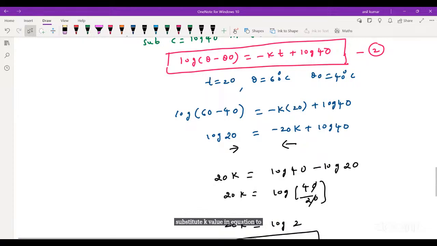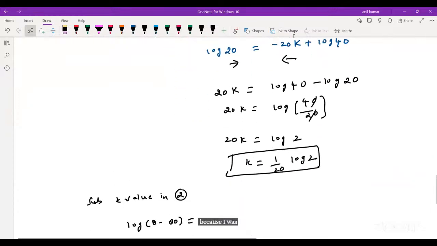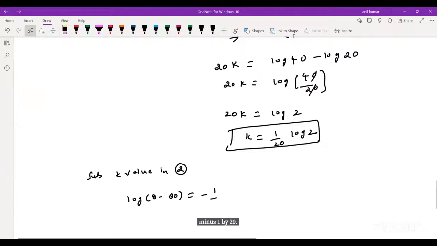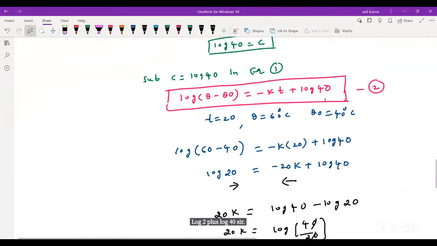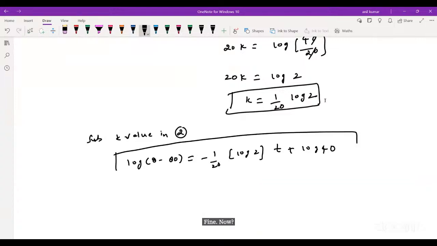Log theta minus theta naught equals minus 1 by 20 log 2 into T, plus log 40. You are missing T. Okay, fine. Now we have almost come to the end of the solution.